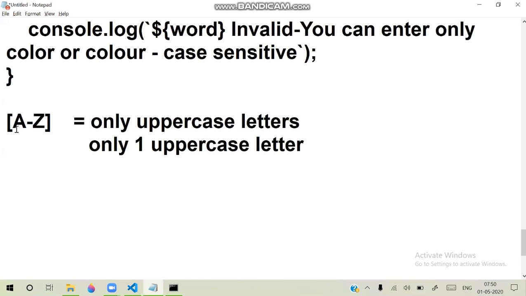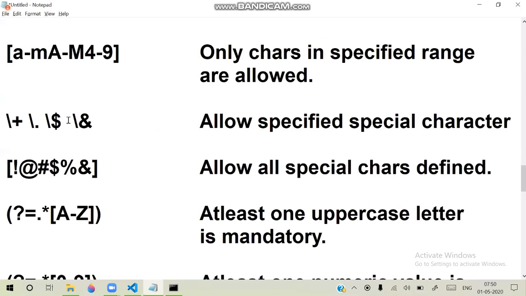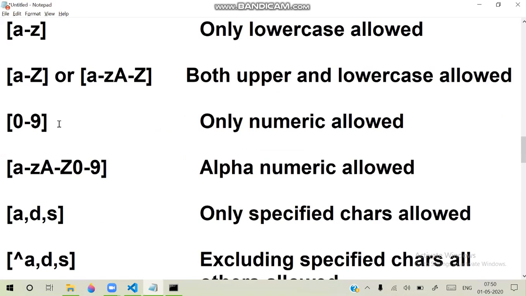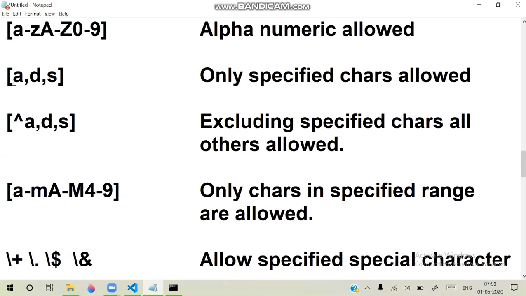It can be anything between A to Z, either A or B or C or Z, but only one character is allowed. Similarly, only one lowercase, only one numeric, only one of D or S or A is allowed.